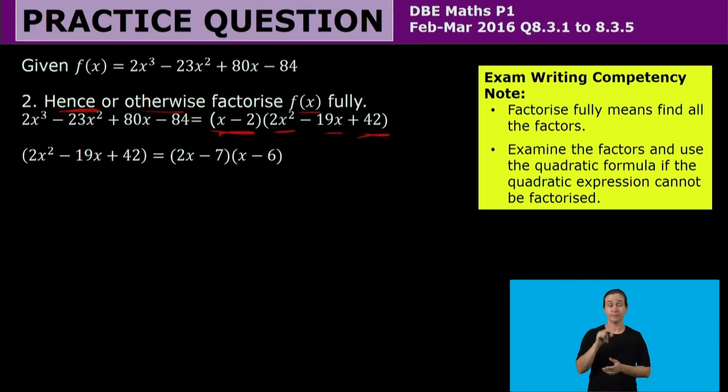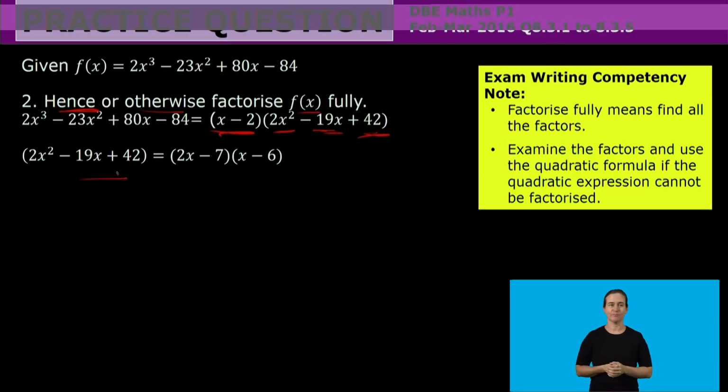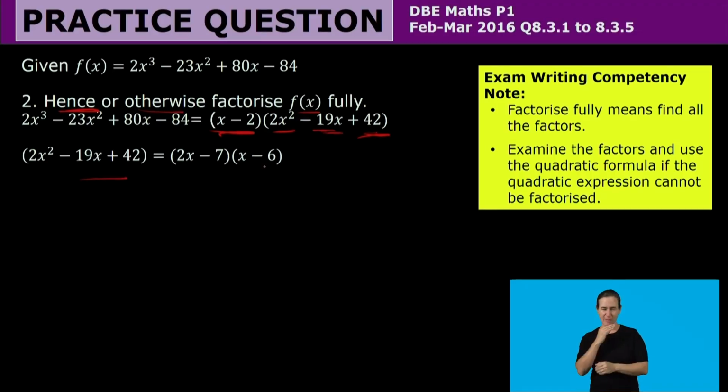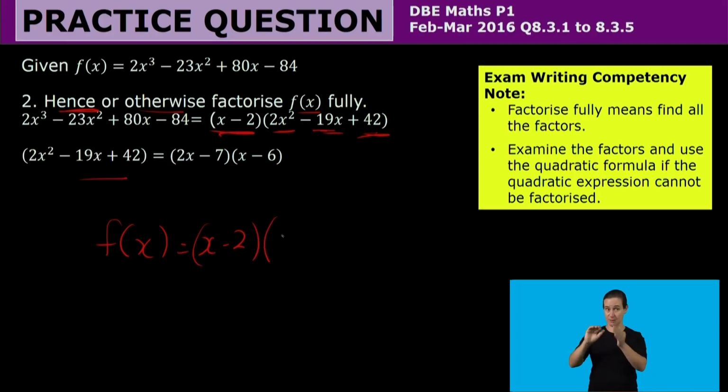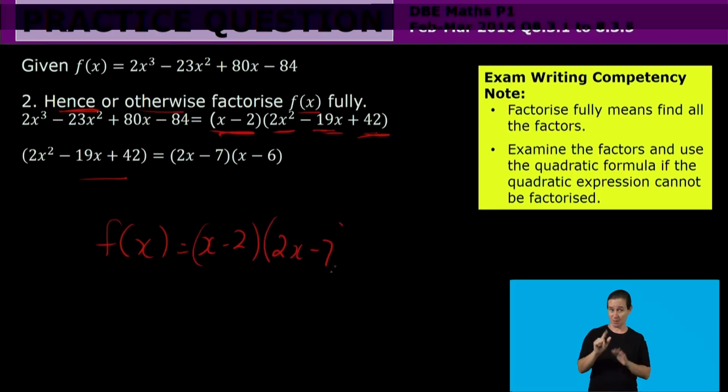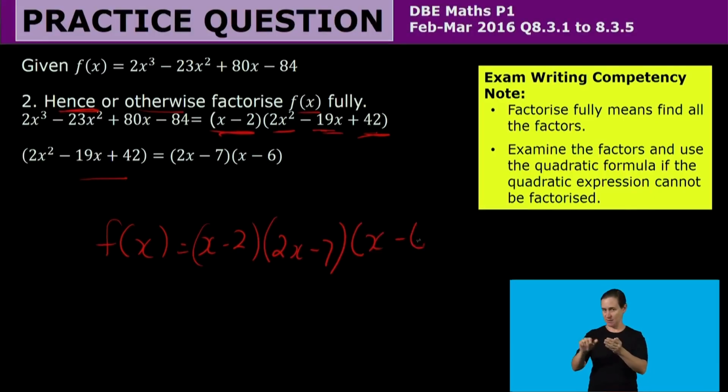When you do your division, you end up with your second bracket being 2x squared minus 9x plus 42. We can then factorize that separately to give us 2x minus 7 times x minus 6. So for this expression to be completely factorized, f of x is equal to x minus 2 times 2x minus 7 times x minus 6.